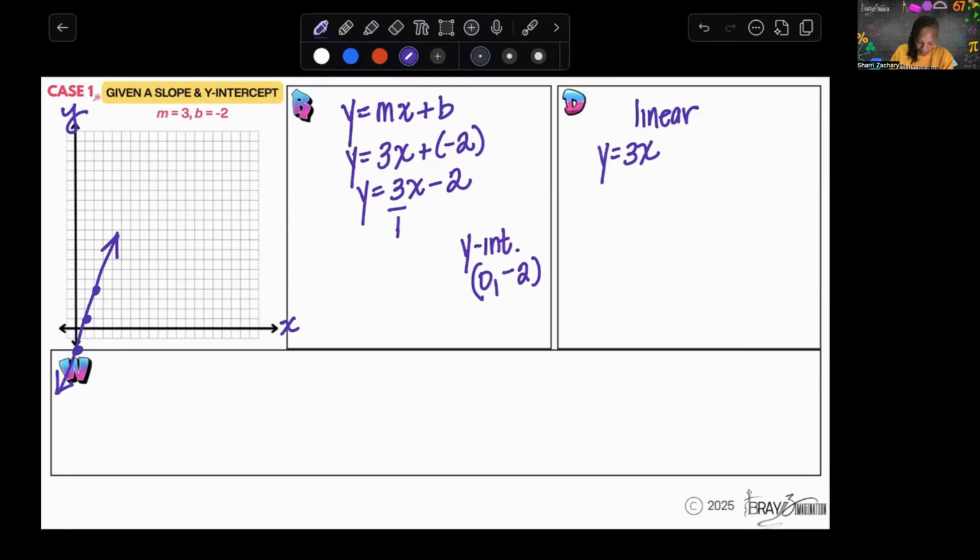So I label my point x sub 1, y sub 1, and then I substitute those values in. When y is -2, does it give me a true equation when I substitute the x value in? 3 times 0. So essentially what I'm asking is, is -2 equal to 0? The answer is no. So this is non-proportional.